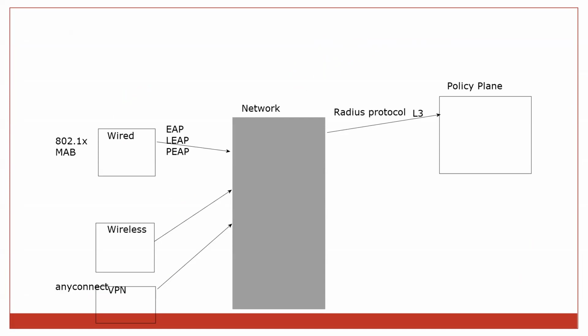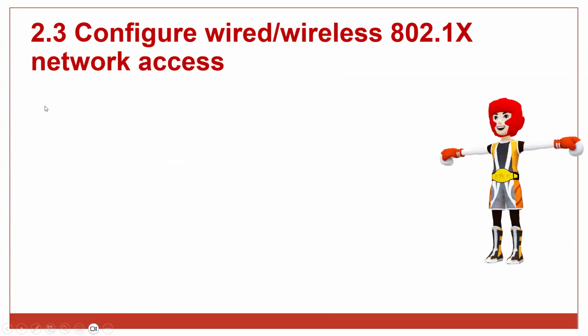And then ISE can be integrated with LDAP or AD, and then obviously you have to create the policies. Now in the upcoming section, I just want to give you some points related to what type of configuration we need for 802.1X in the networking devices.